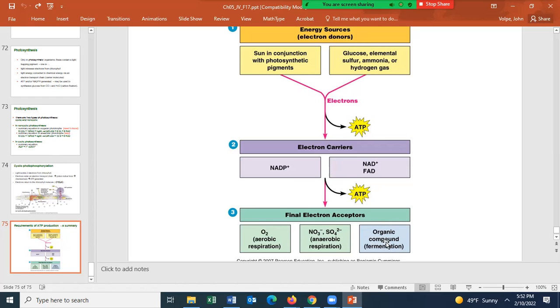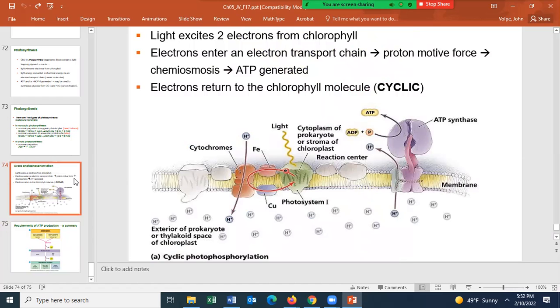And what's the final electron acceptor in cyclic photosynthesis? That's not shown here. But in cyclic photosynthesis, where do the electrons flow to? Nobody remembers? Does this help you out?